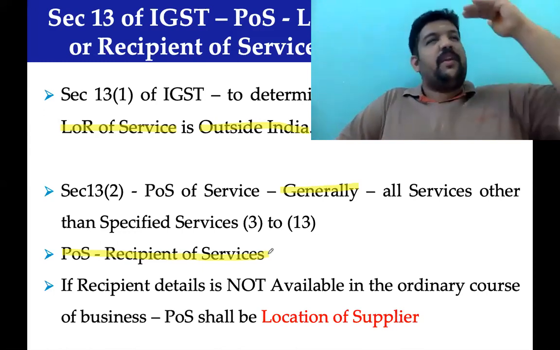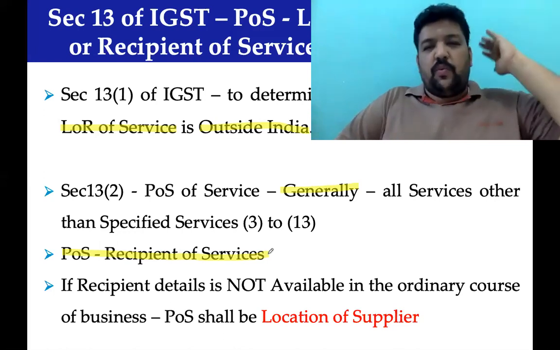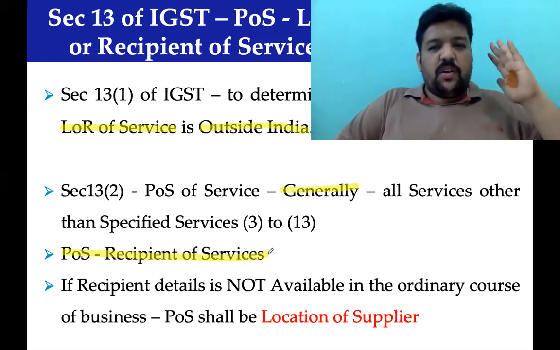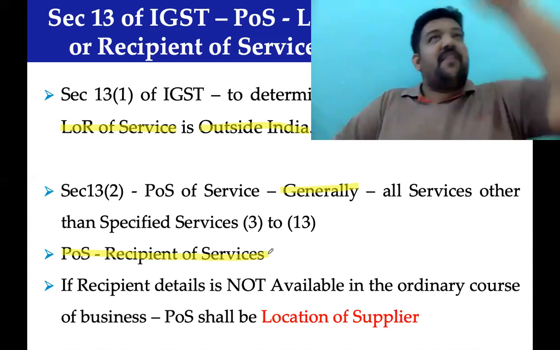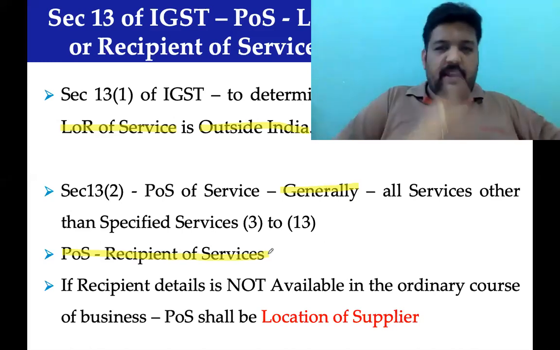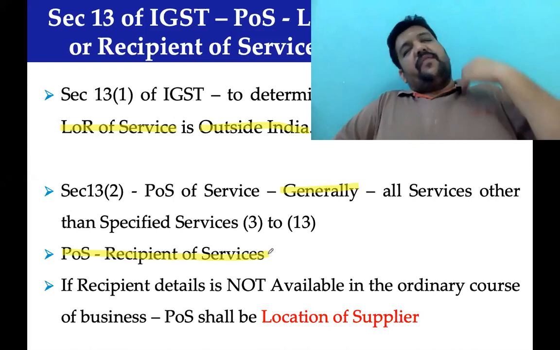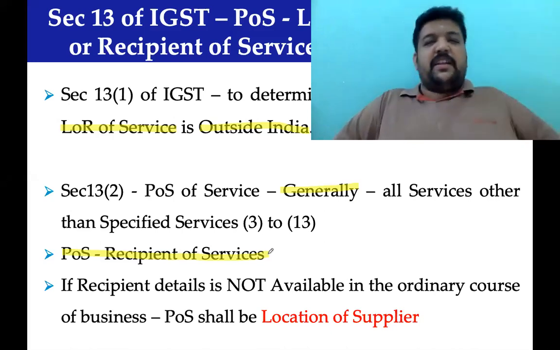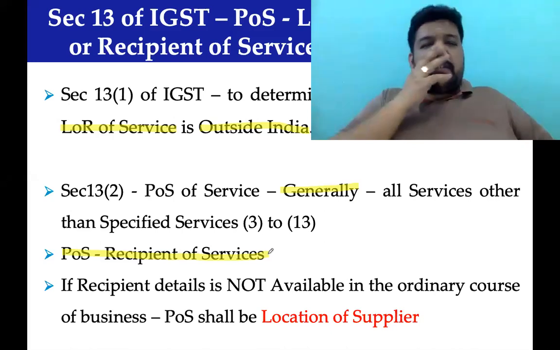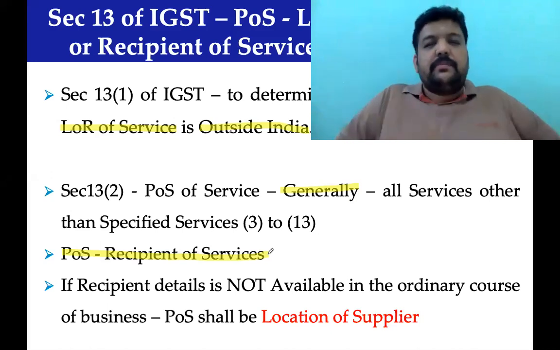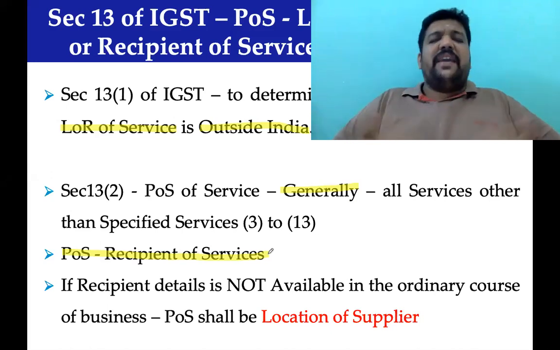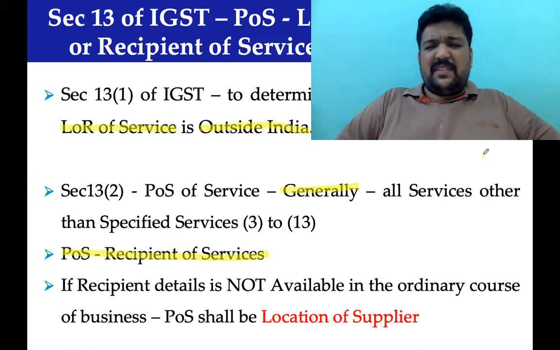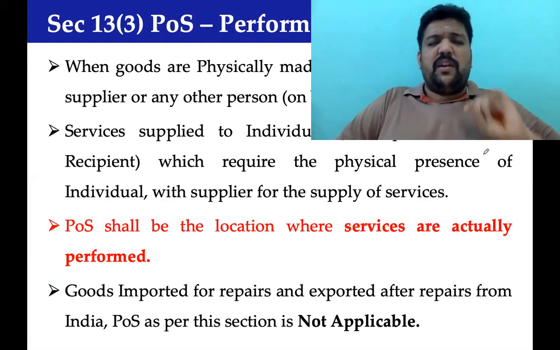Recollect our section 12, list 1, list 2. If a service is covered somewhere here, that would be applicable. If a service is not covered by the specified list, then we will go to the general entry. Same way, what do we have as specified services? Nothing great here, all known to you only.